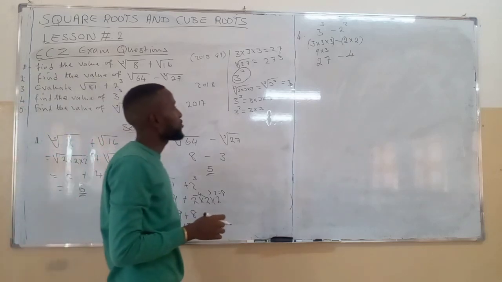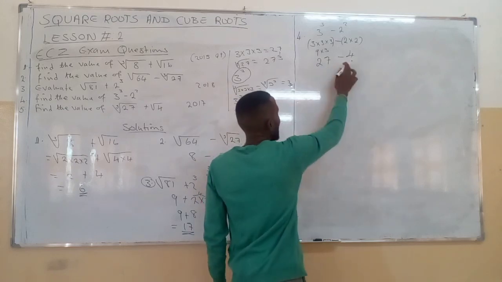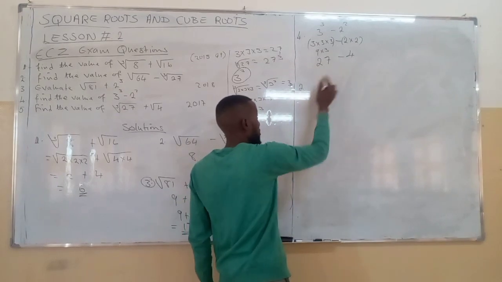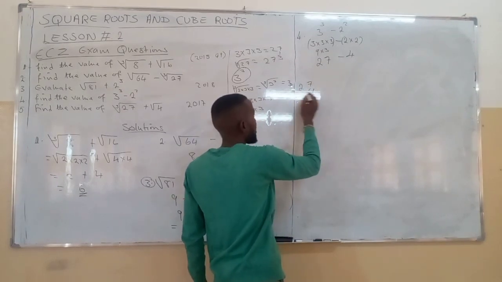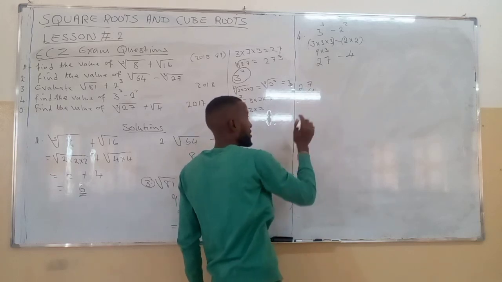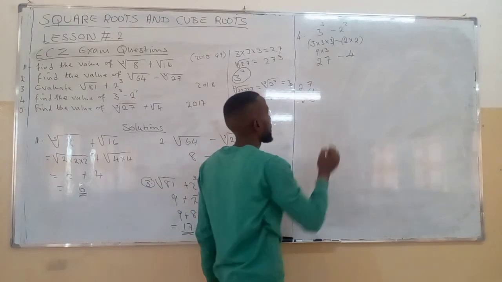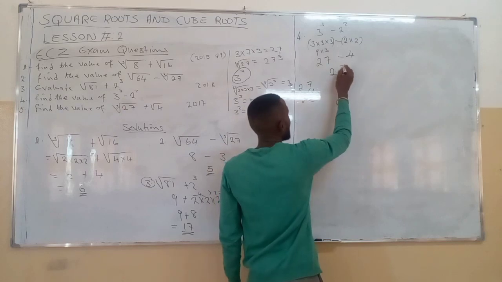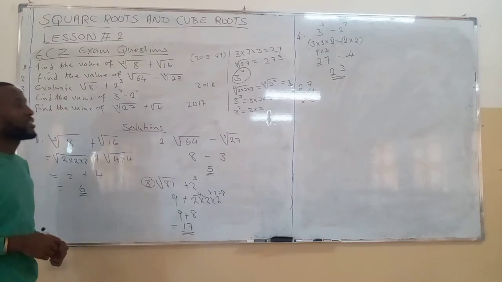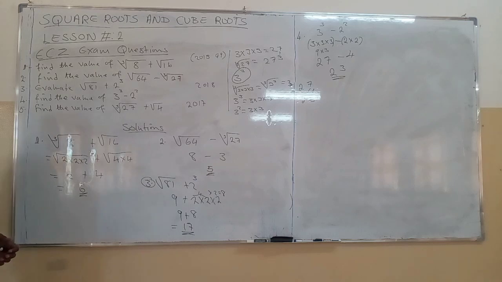So 27 minus 4: 7 minus 4 is 3, and we have 2 there. So 23. Our final answer will be 23. That is how you work out that kind of question. It means that you are done. If this comes in your examination, please find it easy to answer.